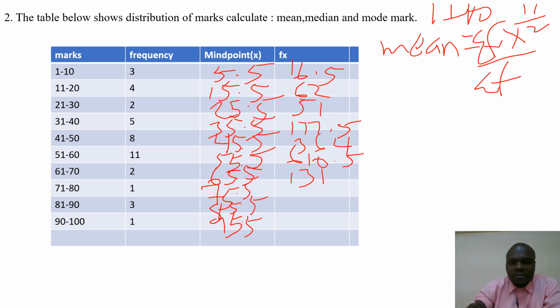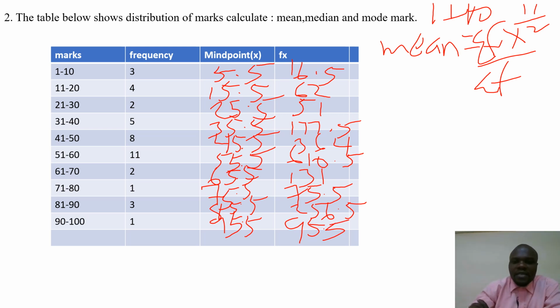This one remains 75.5, and the other one 81, which gives us 256.5, and the last one, which is 95.